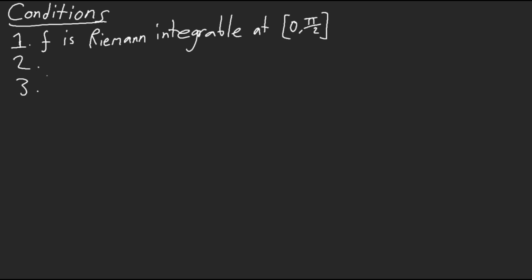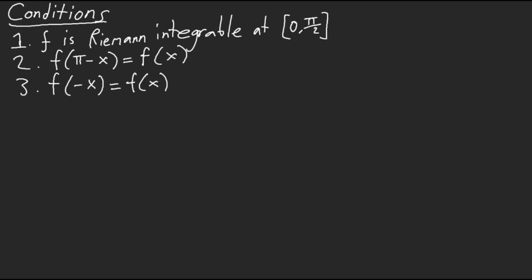it's just periodicity. So the second one is that pi minus x still satisfies the function, so it's periodic. And not only that, the function must be even. Even functions. Okay, the function must be even.